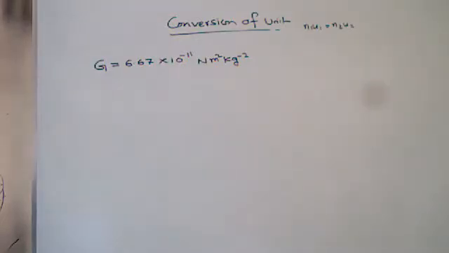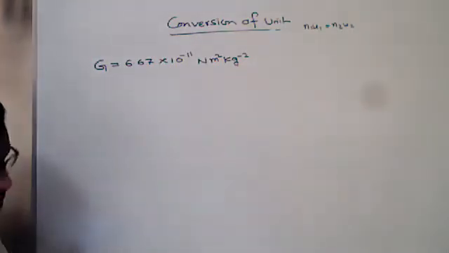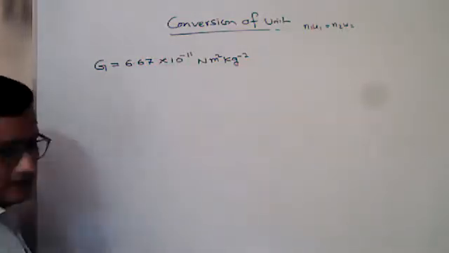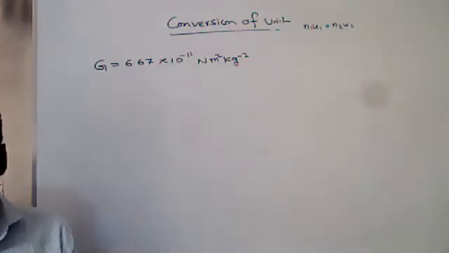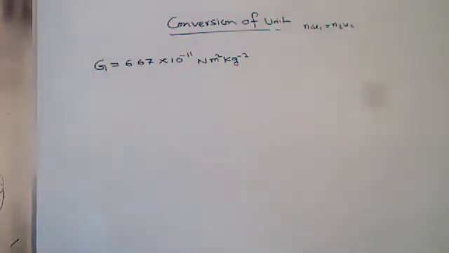What will be the value of G in the CGS system?